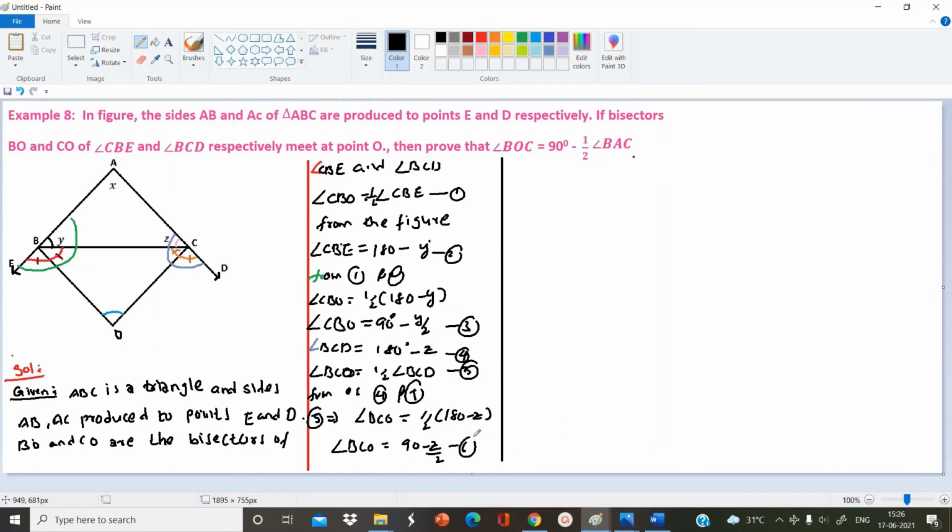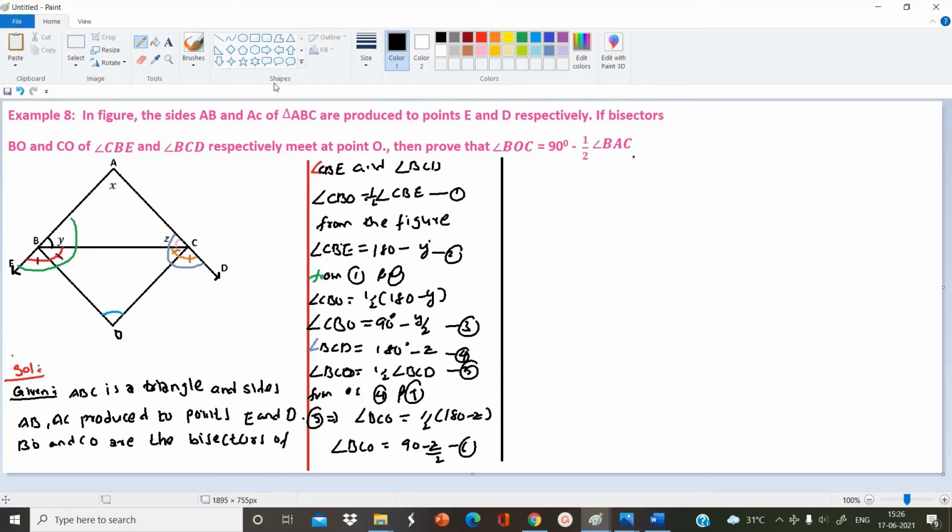Now from the triangle BOC, have a look at the triangle BOC. Where is the triangle BOC? From the triangle BOC, the sum of the interior angles of a triangle we can write as 180 degrees.